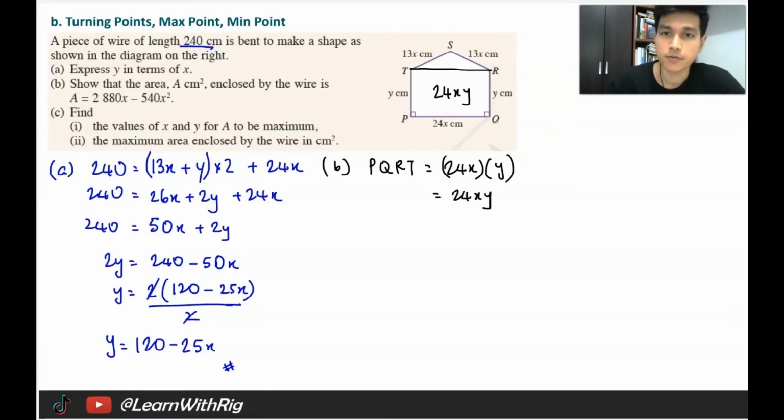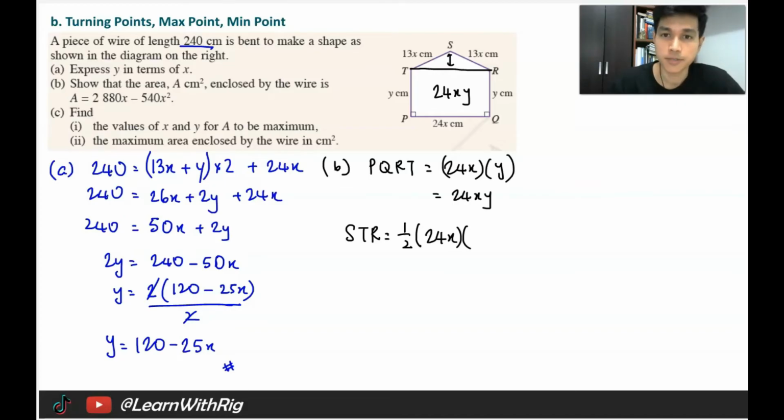And then now you want to find the STR. So STR, you can use 1 over 2 times base times height, or you can use the Heron formula, but I'm not going to do that. I'm just going to use 1 over 2 times base times height, much easier. 1 over 2 times base is 24x, height would be, oh, you need to find height.